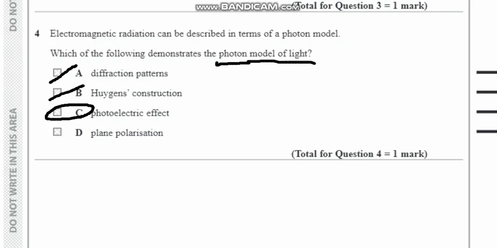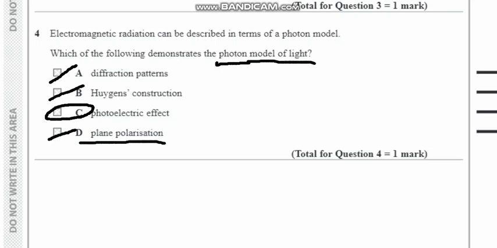The photoelectric effect is when the electromagnetic radiation ejects electrons from the material. And looking at the D option, which is plane polarization, it is all about light being polarized and traveling in the perpendicular direction. So this is not the option. So there you go, C is the answer for the fourth question.